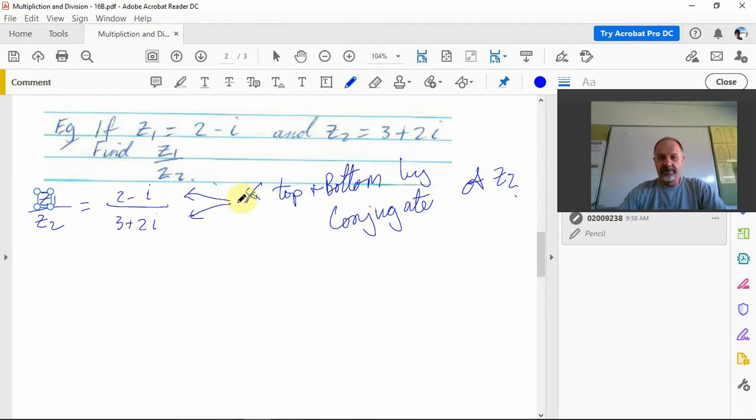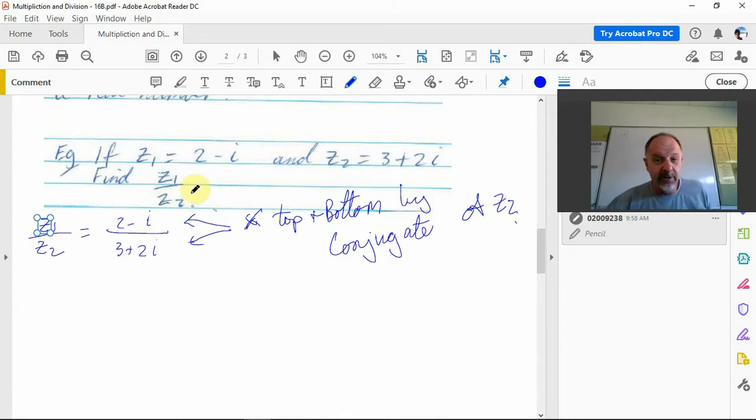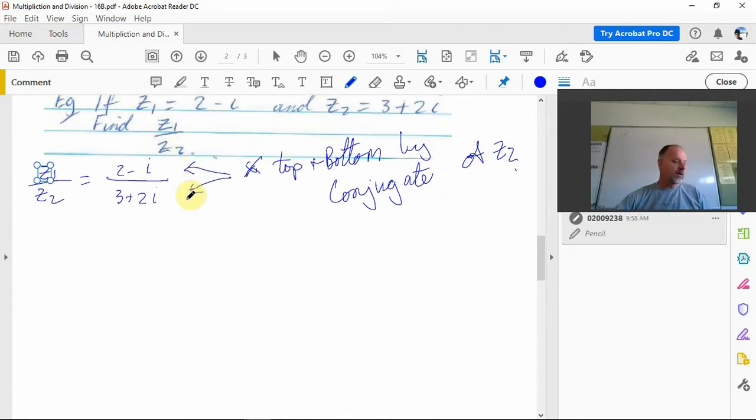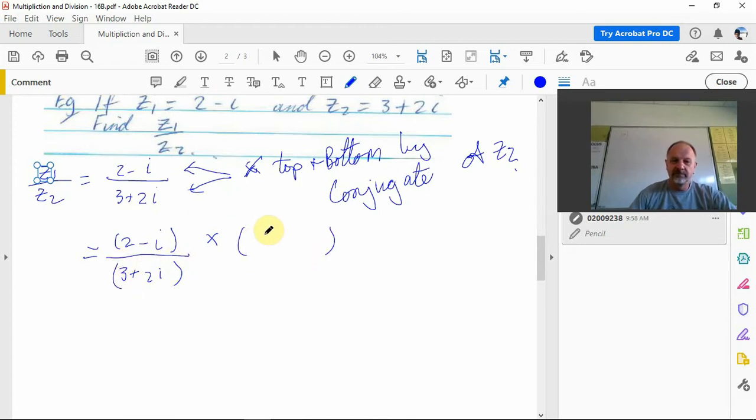Very technical mathematical terms there: top and bottom, numerator and denominator, of course. So what that means is we get a sum that looks like this: 2 minus i over 3 plus 2i, multiplied by 3 minus 2i, because we're multiplying by the conjugate, remember?